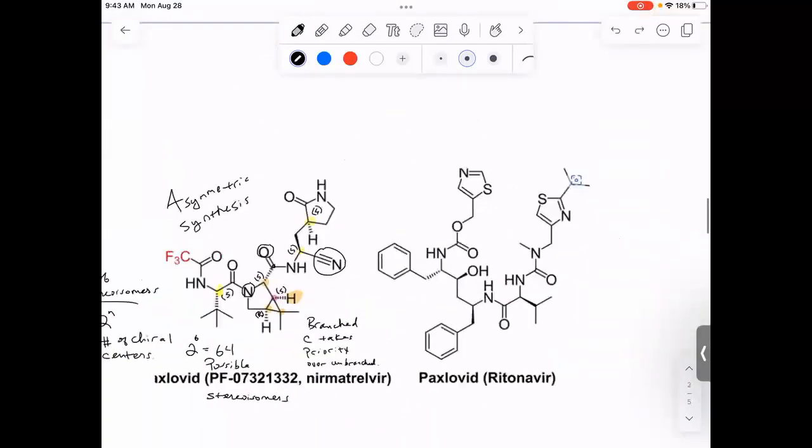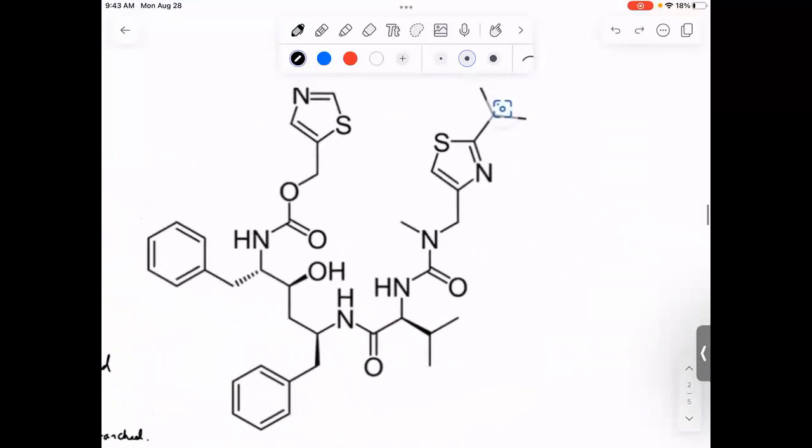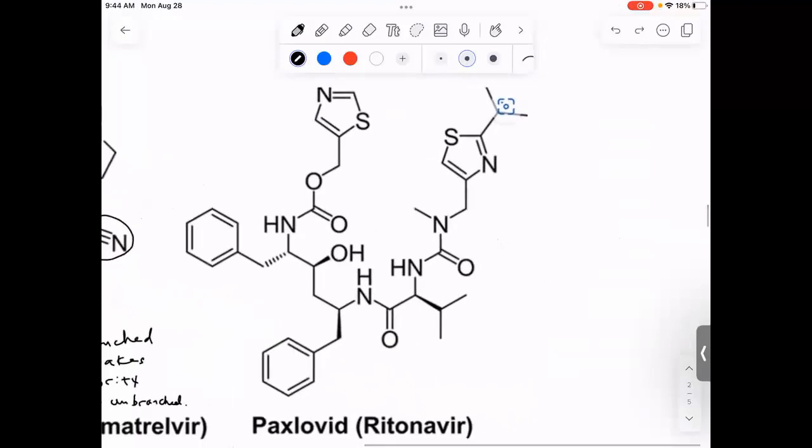All right, let's look at this other Paxlovid derivative, because when they give this drug to COVID patients, they actually give it in tandem. So you actually take both. First of all, let's identify all the chiral centers present here.